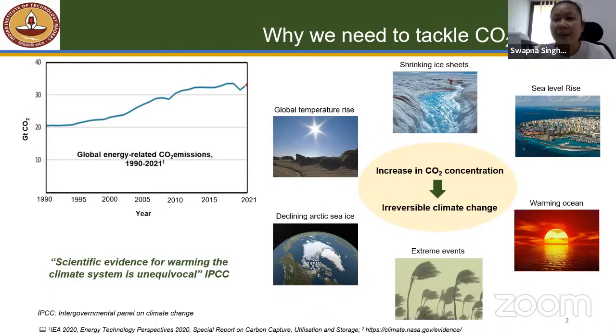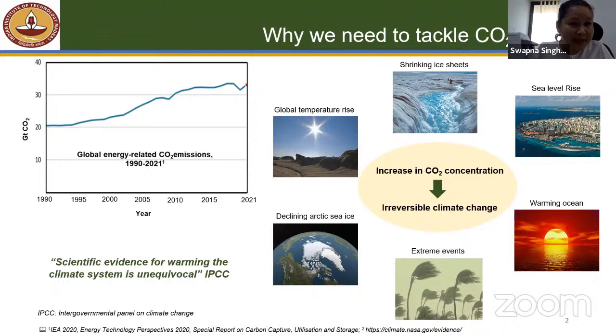meaning it's a fact, it's not a lie. Some of the evidence of climate change is the global temperature rise. In the last few years, global temperature has risen immensely. The reports say that the last 7 years are the hottest years in the last 40 years, and 2016 and 2020 are the hottest years on record.